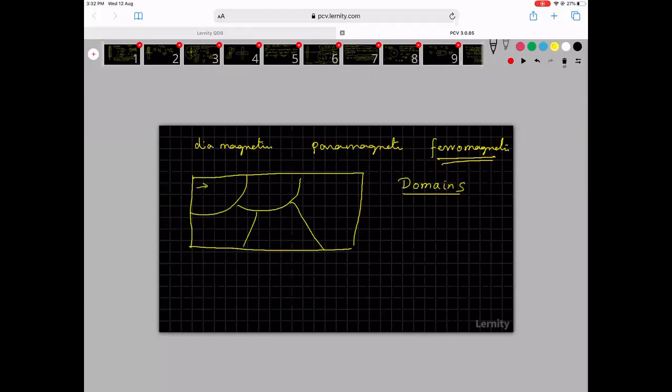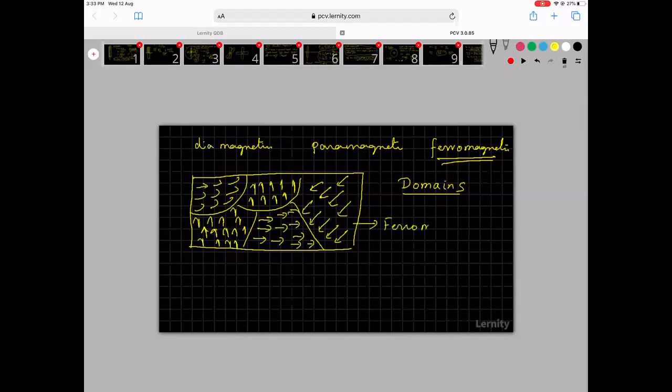In these regions the atomic magnets are all oriented in one direction, such that overall there is no magnetism. Such a material is called a ferromagnetic material.